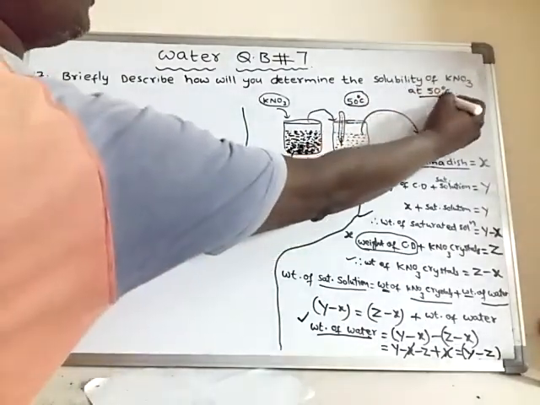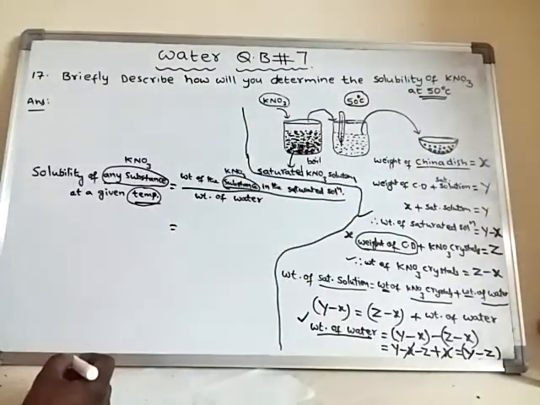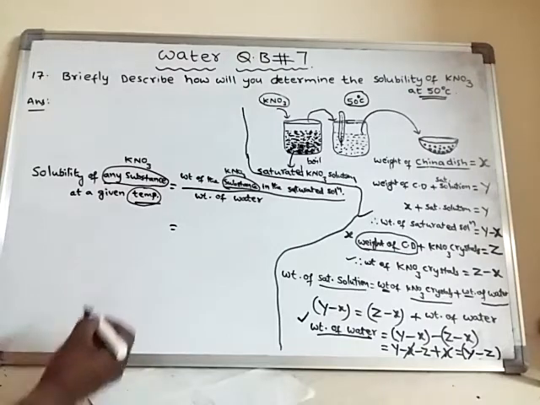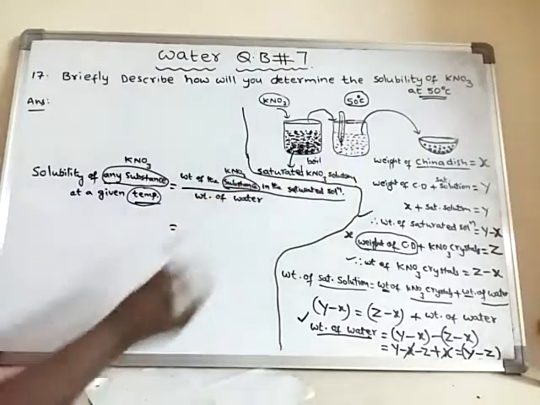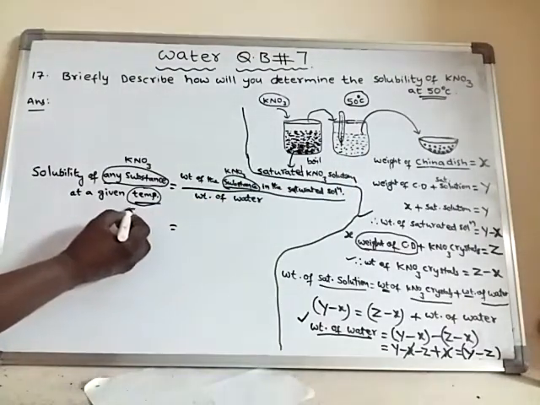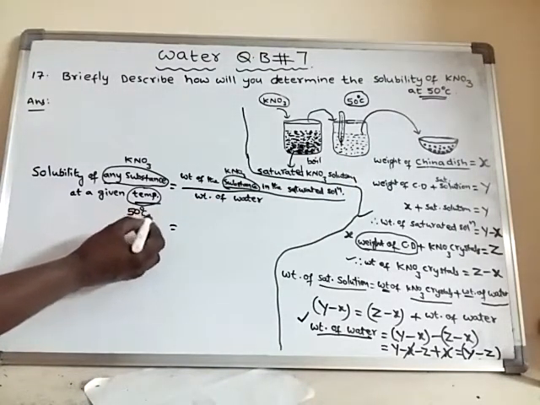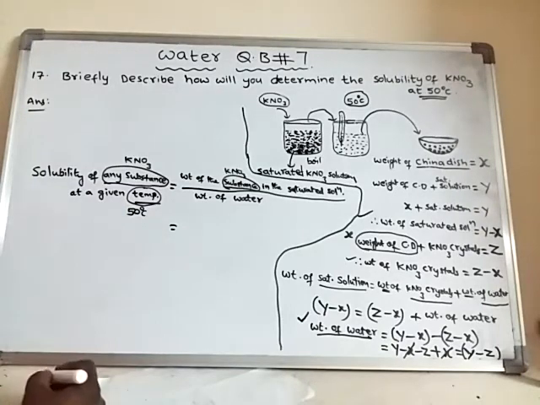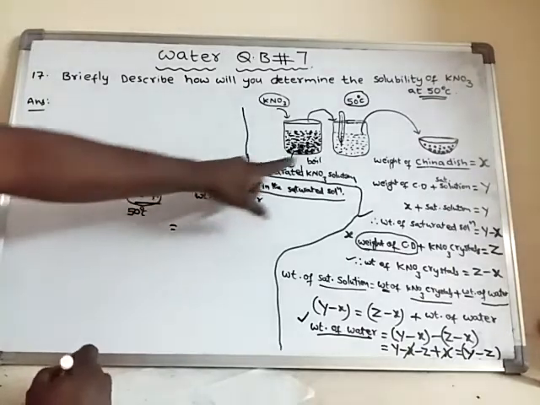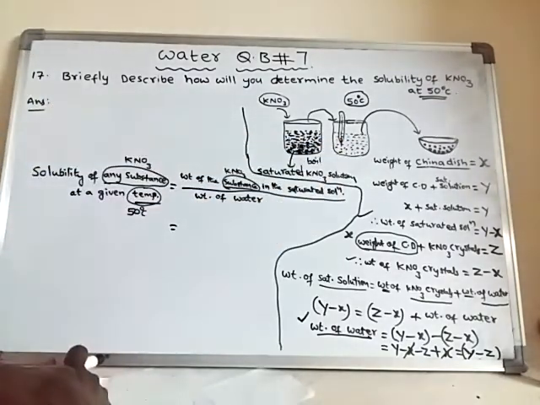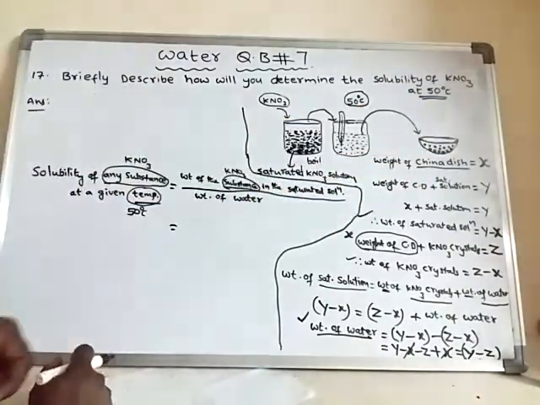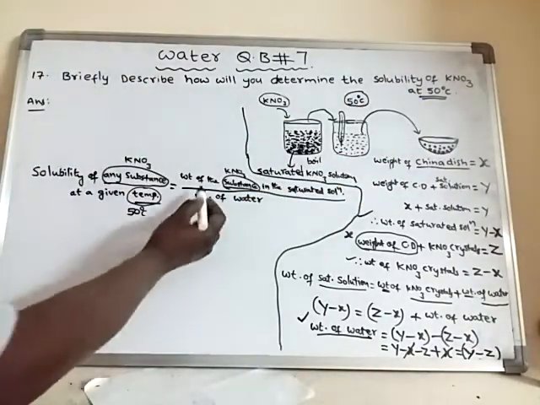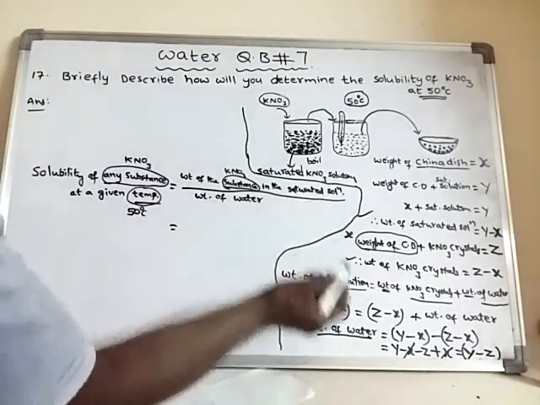In the question it is mentioned to find at 50 degrees centigrade, so we have maintained 50 degrees centigrade. That is the temperature of the saturated solution which we are pouring into the China dish.